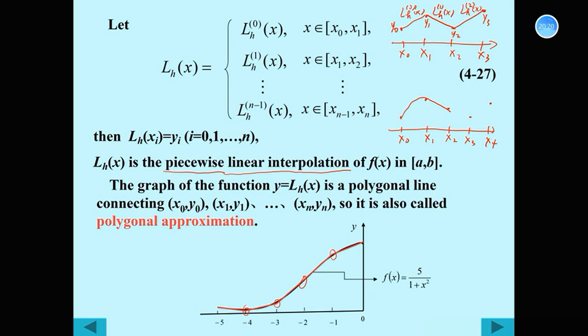Parabolic curve, because it is a quadratic polynomial, right? And from the next 3 points, we can draw another parabolic curve. It's okay for you? So this is piecewise quadratic polynomial. Of course, here, at this point (x2, y2), the function value is y2, right? At this point, it is only C0.